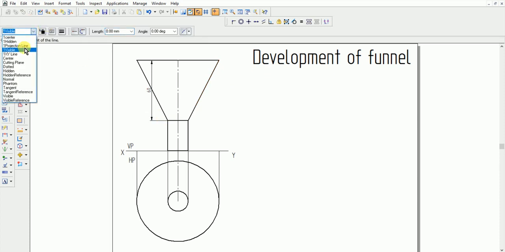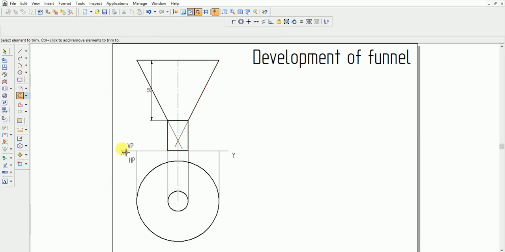Now let us use a projection line and draw the remaining part of this cone, or we can extend this line until it intersects the center line. Let us trim the excess line. Fine. Once we are done with it, now let us know the length of this line as well as from this point till this point.